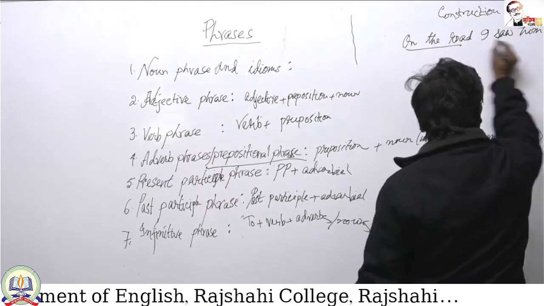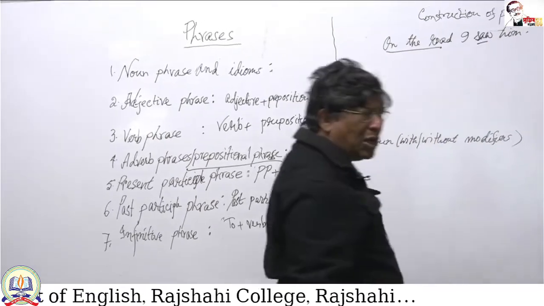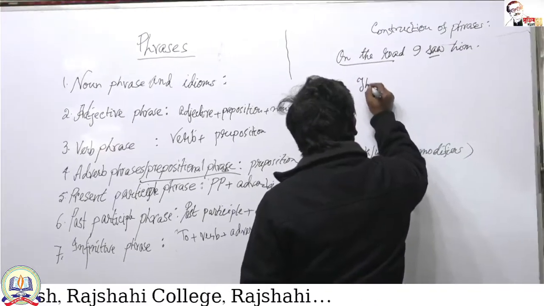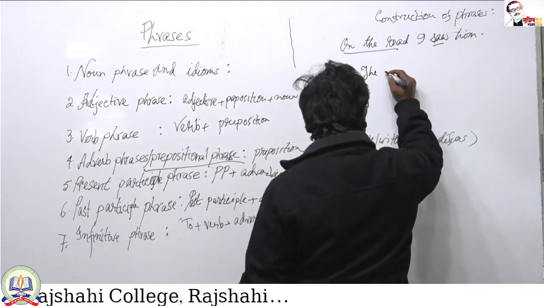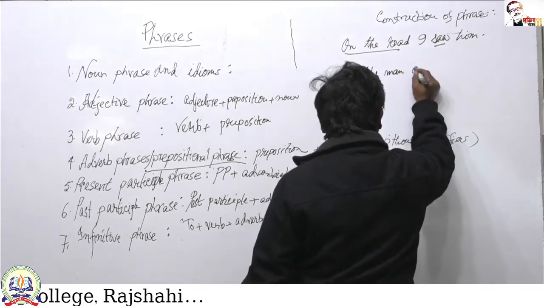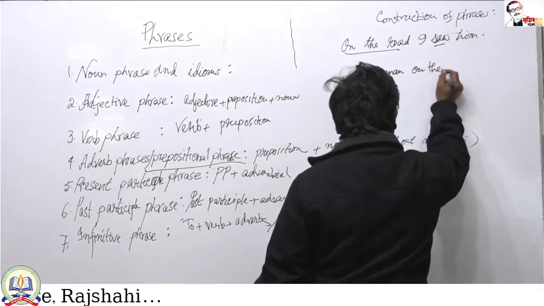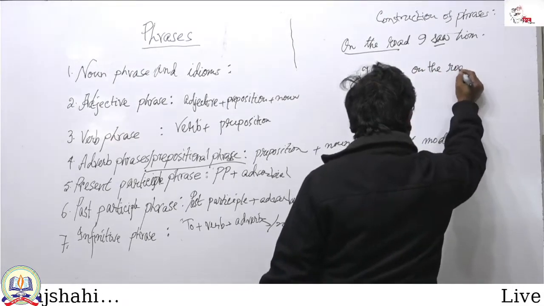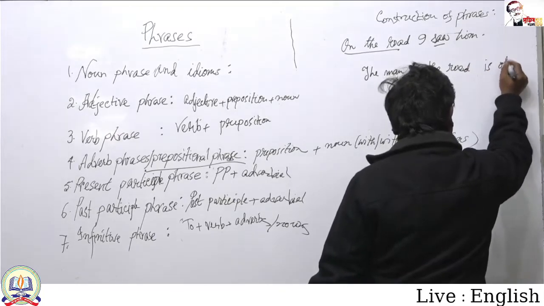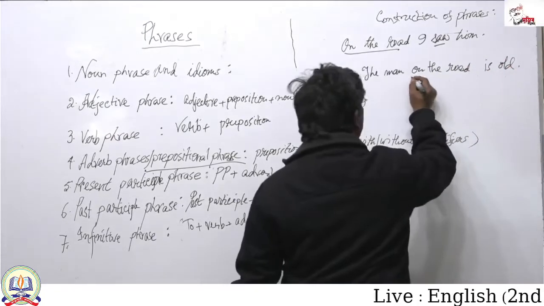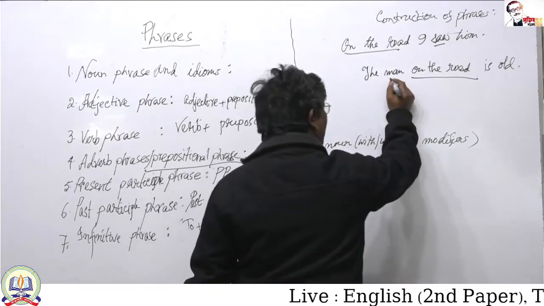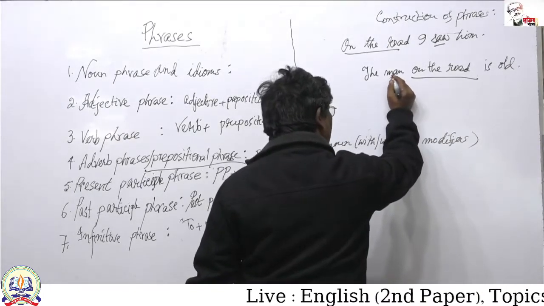On the road refers to the word saw, but when we have on the road following a noun, the man on the road is old, we see that the phrase on the road modifies the noun man.